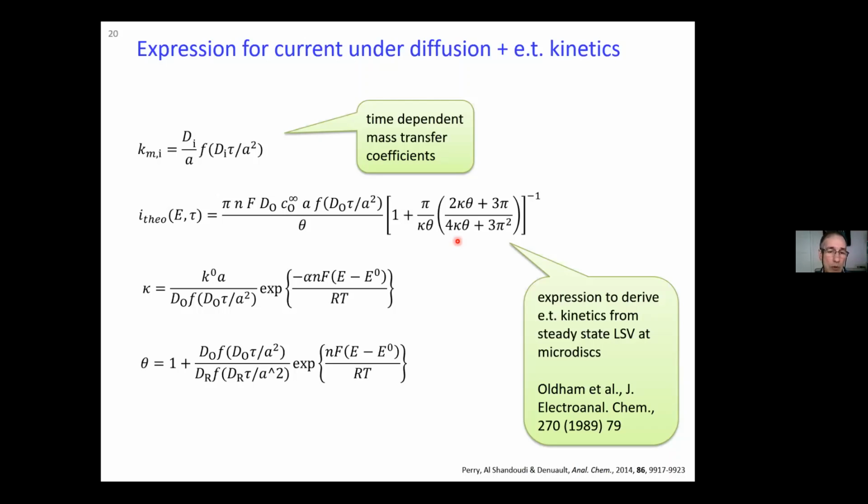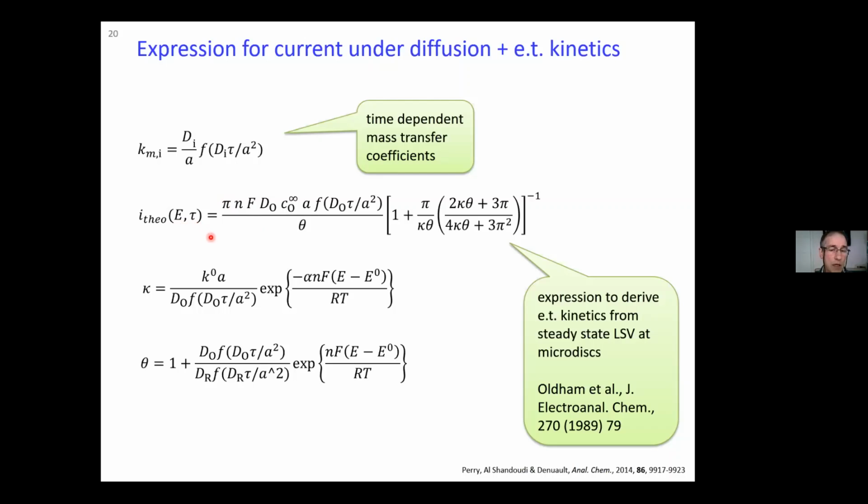But what we did was to replace the steady state mass transfer coefficient that was in Keith Oldham's equation with a time-dependent mass transfer coefficient, which we could derive from the equation I showed you before. And so we rewrote Keith Oldham's equation, but this time using the time-dependent mass transfer coefficient, and that gave us an equation for the current as a function of potential and as a function of sampling time.